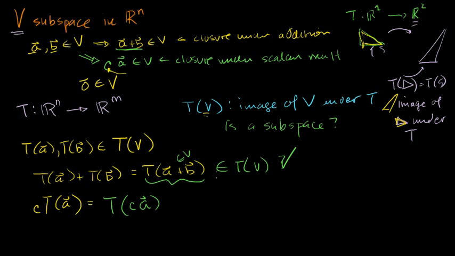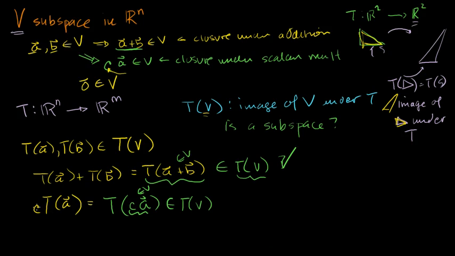Now, is this going to be a member of our image of V under T? Well, we know that CA is definitely in V, right? That's from the definition of a subspace. And so if this is in V, the transformation of this has to be in V's image under T. So this is also a member of TV.